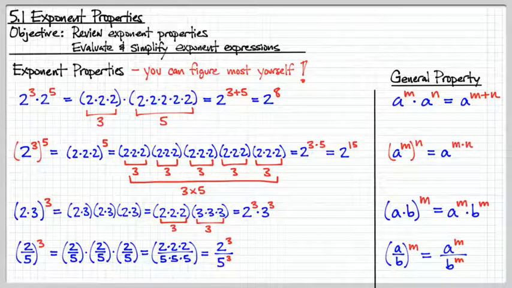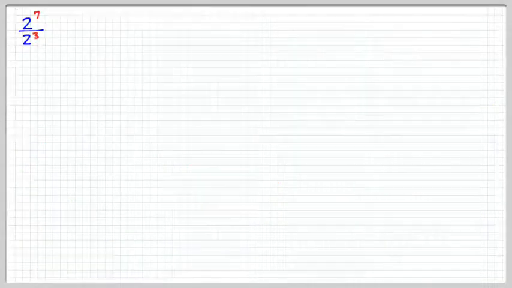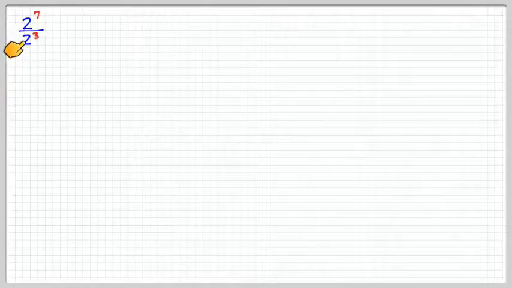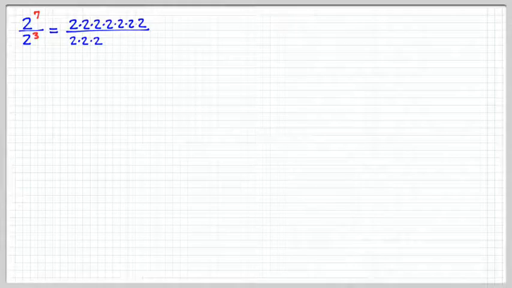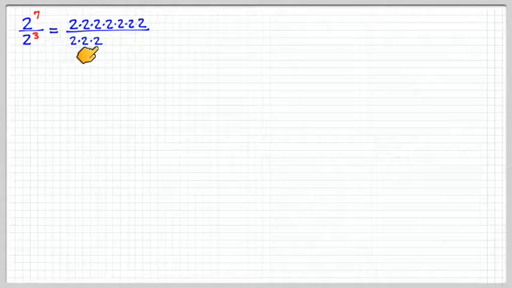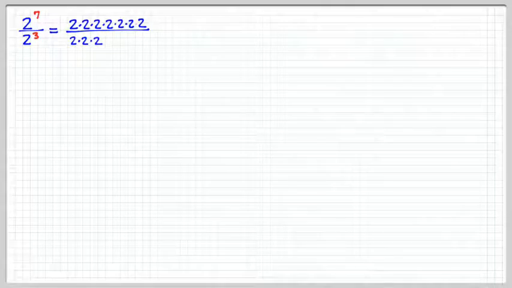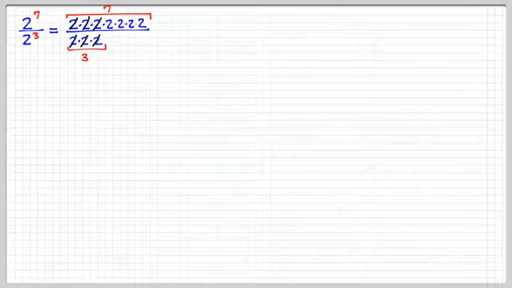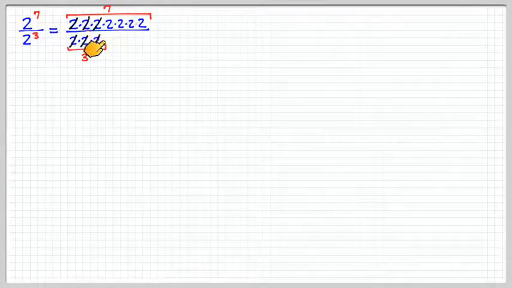Okay, let's look at some more properties. Now I have division of two exponential terms. Let's expand these out as well. I have 7 terms of 2 here. I have 3 terms of 2 down at the bottom. And now I can cancel. I can reduce. Each one of these 2's reduces into 1 and basically disappears.